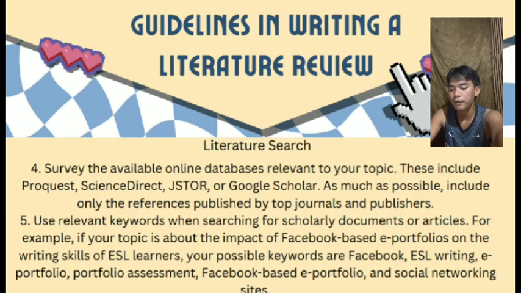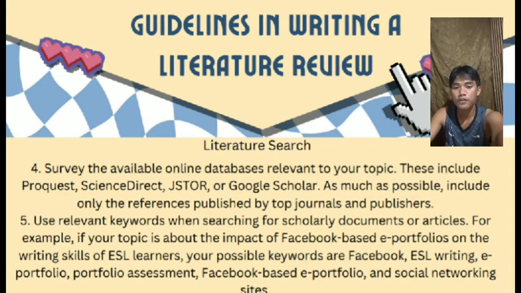4. Survey the available online databases relevant to your topic. These include ProQuest, Science Direct, JSTOR, or Google Scholar. As much as possible, include only the references published by top journals and publishers. 5. Use relevant keywords when searching for scholarly documents or articles.